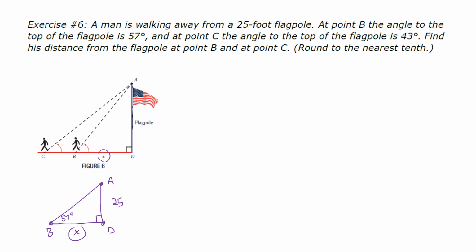Okay, so we have an angle measurement. We have the side measurement opposite it, and we're trying to find adjacent. So opposite and adjacent would be tangent. So the tan of B will equal lowercase b over x.